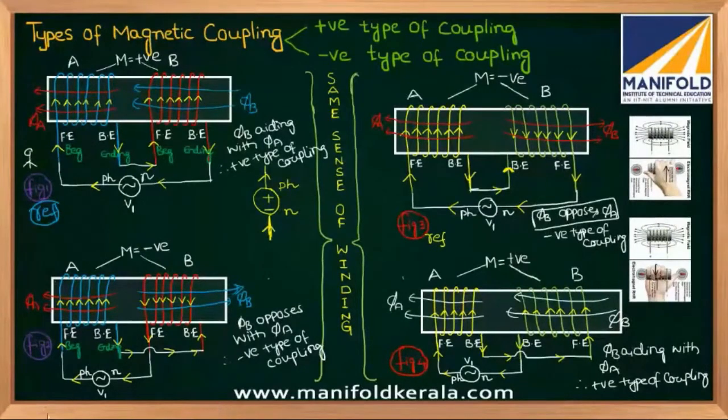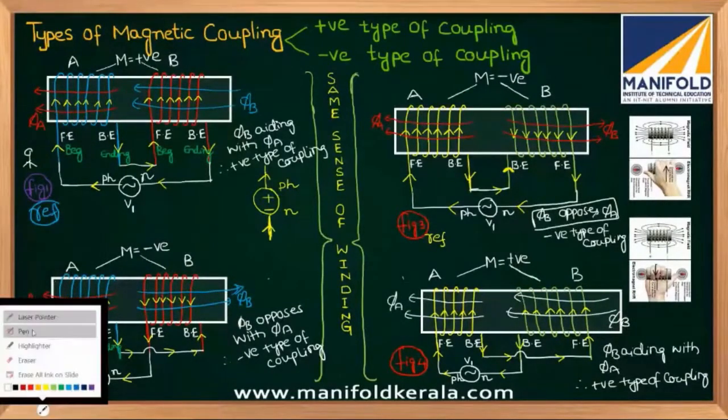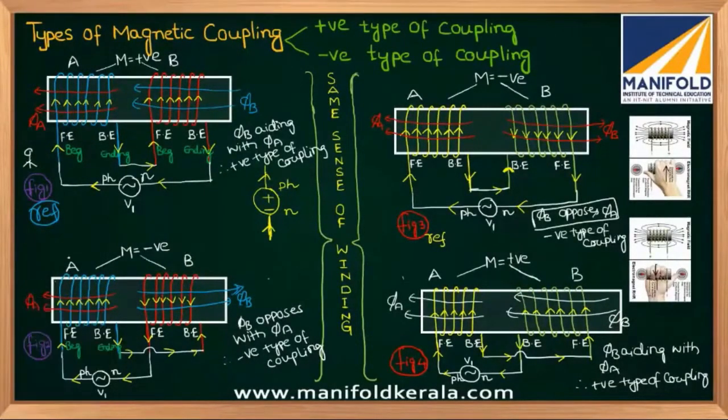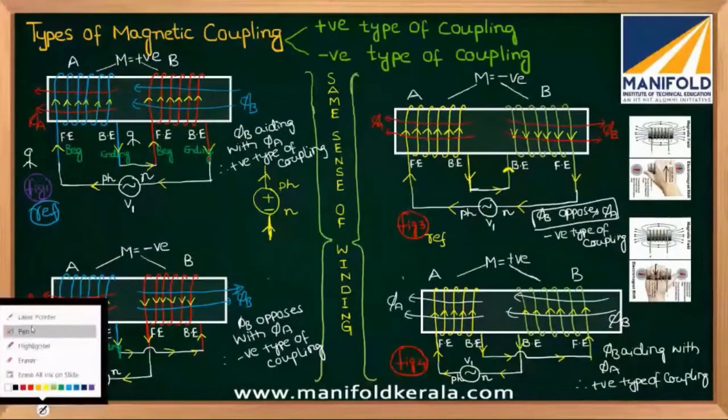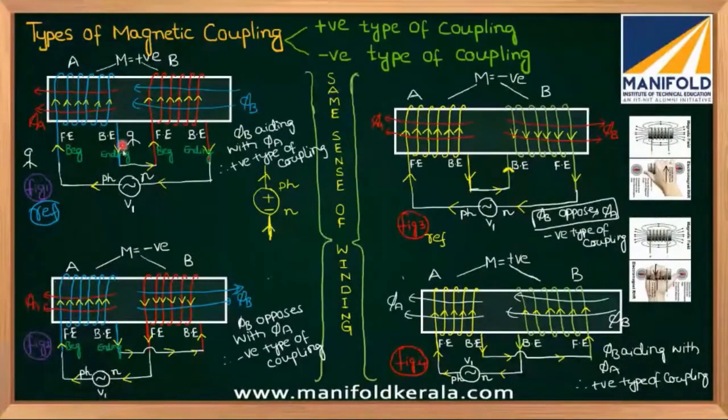Suppose one more person is standing here. He started winding from here. He started like this. So now for this person, this becomes the beginning end, and he is completing like this.